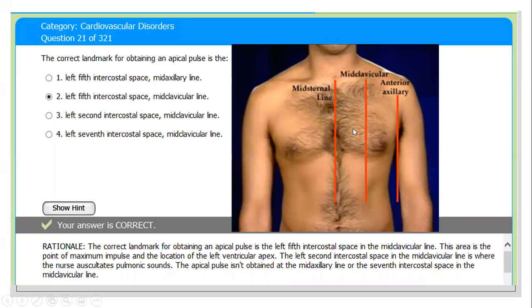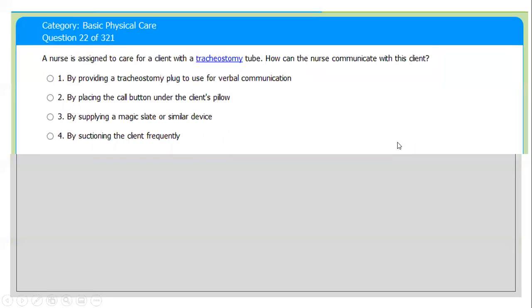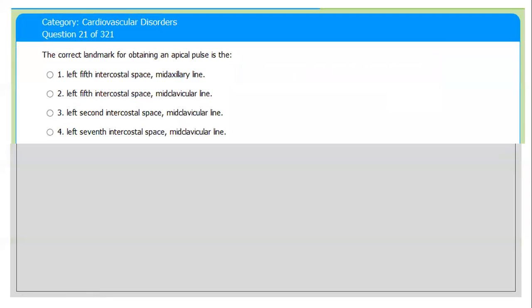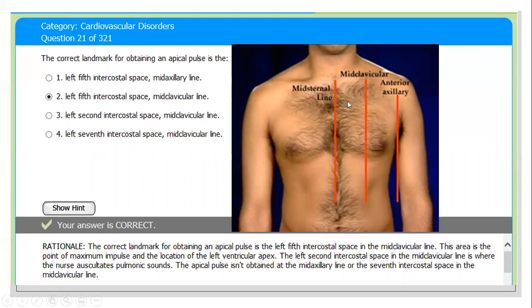In this picture, we can see this is the mid-sternal line, this is the mid-clavicular line, and this is the mid-axillary line. First of all, our apex beat, right? The question is talking about apical pulses. The apical pulse is the pulse over the top of the heart, this area.